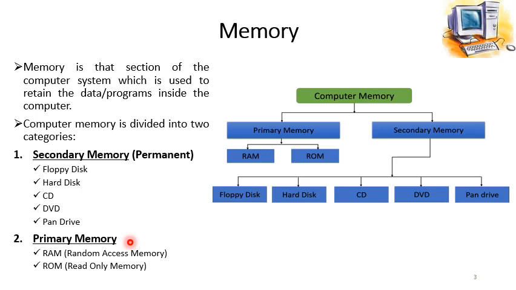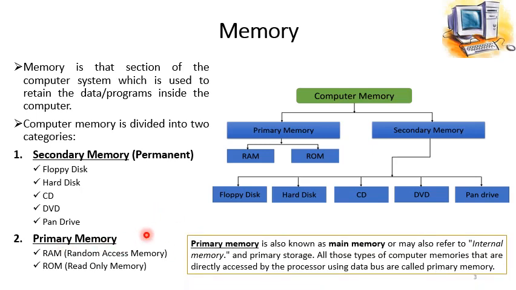This is the wrong definition, because we know that ROM is a permanent memory, and even when the computer is switched off, the data inside the ROM will still be there.